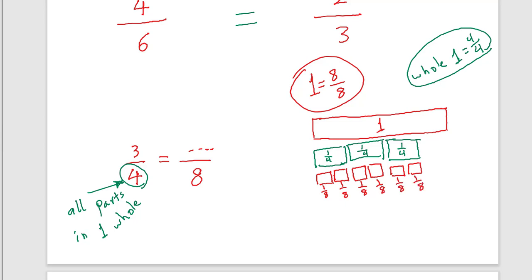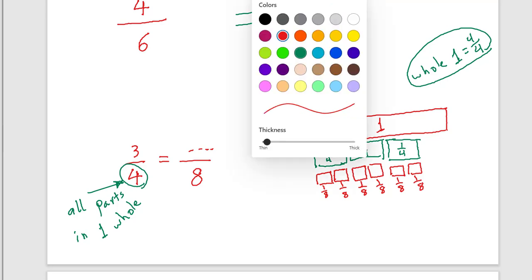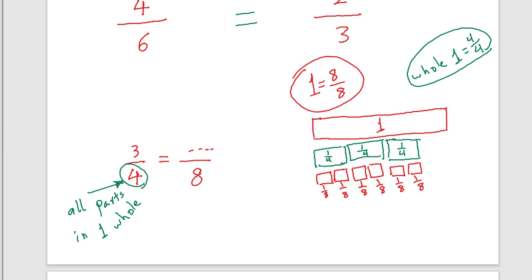Okay, in the picture here, as you can see, how many 8s form 3/4? How many 8s? These are how many 8s? Count them. These are 4. No. How many?